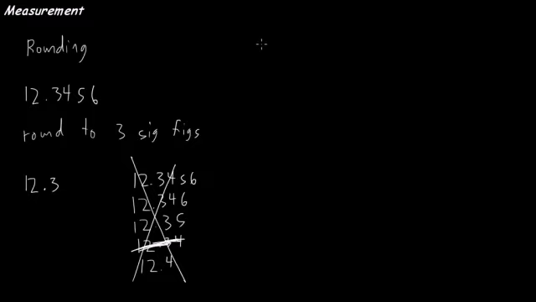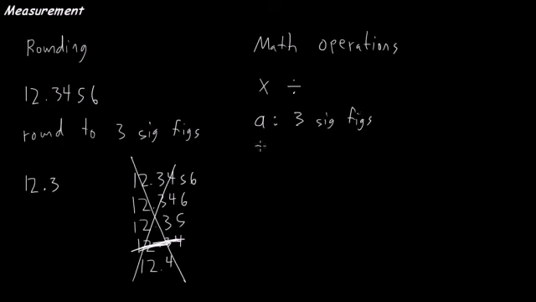Now one thing that's kind of tricky to understand is how to do math operations on numbers and keep track of sig figs. So we're going to start with multiplication and division because those are actually the easiest case. So if I'm dividing or multiplying two numbers, let's say I have A is written to 3 sig figs and B is written to 2 sig figs.